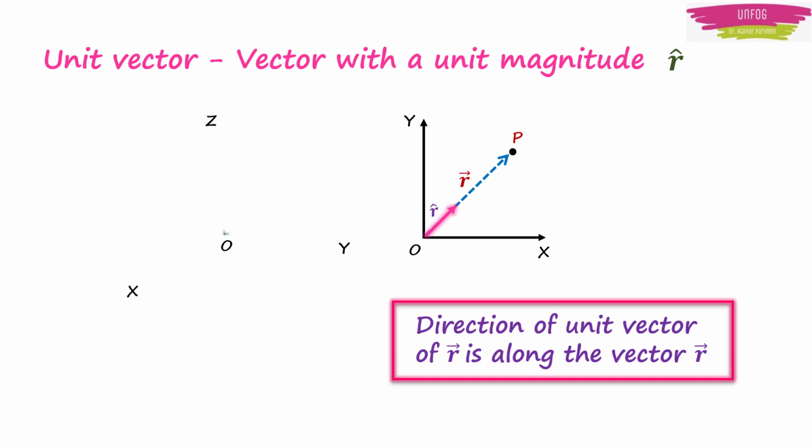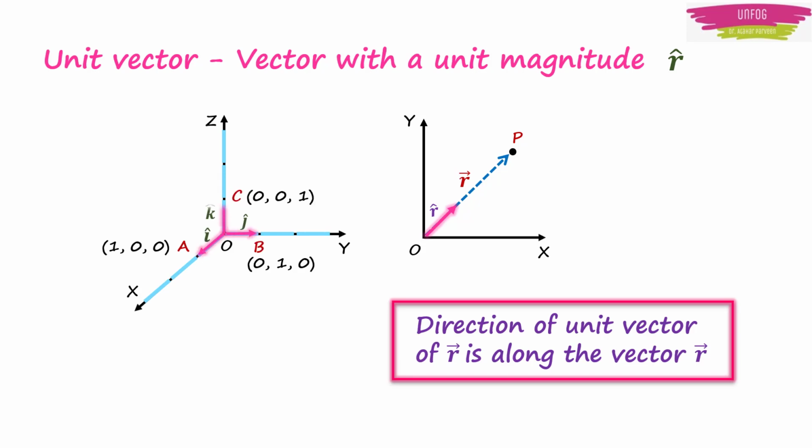In a 3D coordinate system, we can have unit vectors along all three directions x, y and z with unit magnitudes, and generally they are named as i cap, j cap and k cap respectively. Here in case of Coulomb's law, we denote the separation between the charges by r and therefore its unit vector r cap will be along the direction of this vector r.